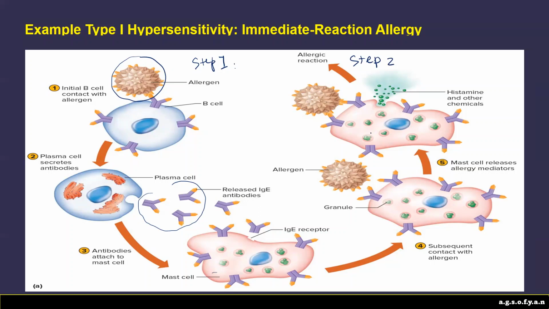So when that person receives the second dose of pollen, these pollens will be attacked directly by the mast cell. And the mast cell will produce the allergic mediators like histamine, bradykinins. It will be released by this mast cell.